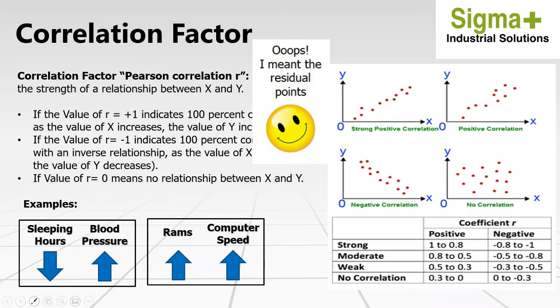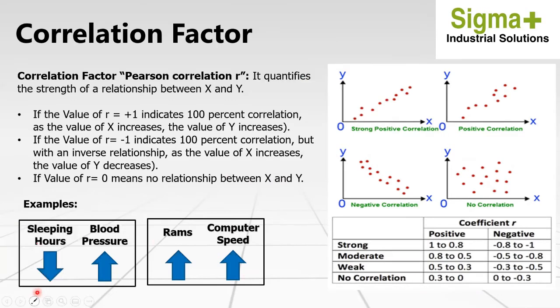And if we draw a trend line in between the points, what we can conclude is that the data points, or the residual points, are very close to the trend line. So that's why we can say that this is a strong positive correlation.